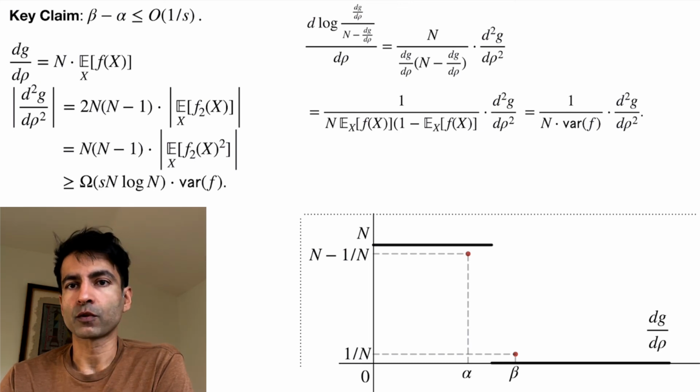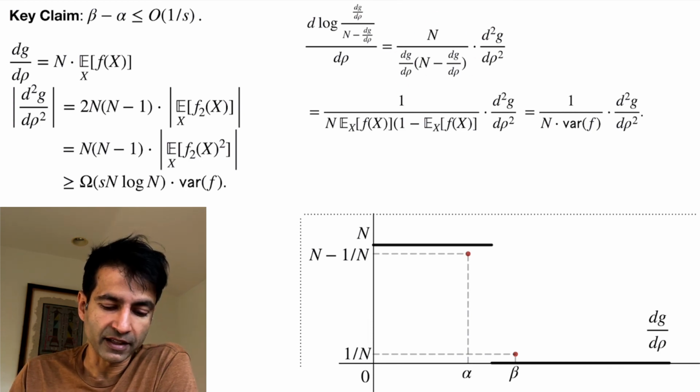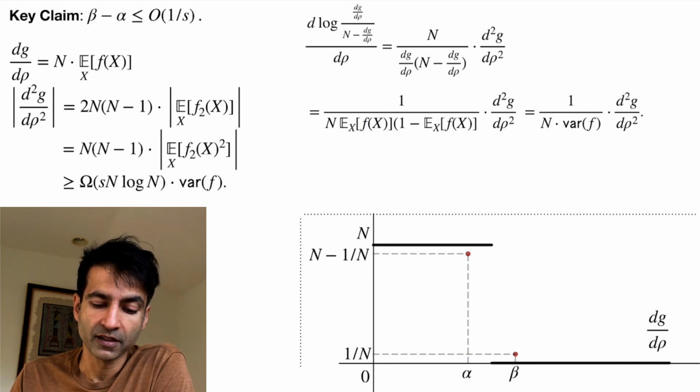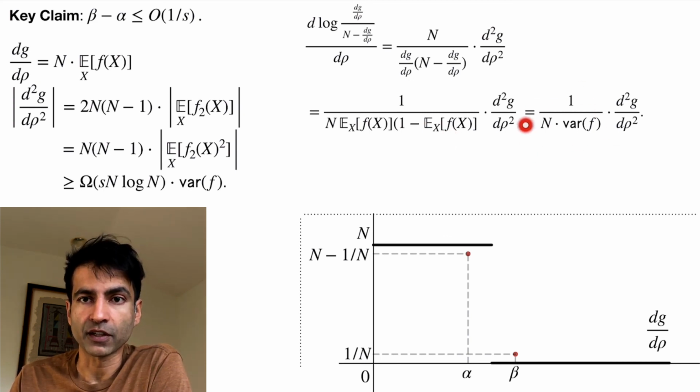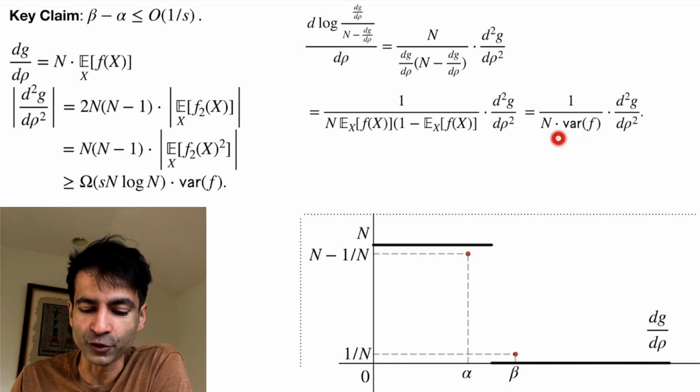This is straightforward calculus. And now what you see is what you have here can be written as 1 over n times the expectation of f times 1 minus the expectation of f, which is 1 over n times the variance of f. So this formula is basically chosen so that here you get the variance in the denominator.